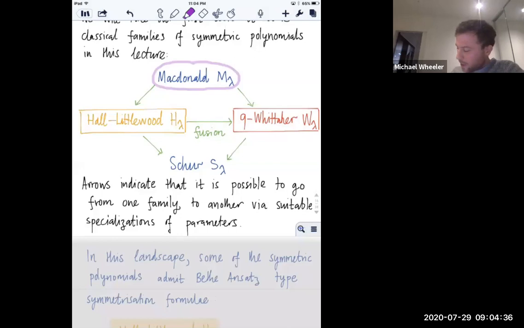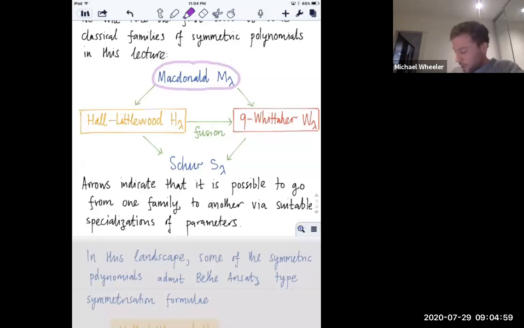I won't be talking about those today, but the McDonald polynomials depend on an alphabet of n variables in which they are symmetric, and they also have 2 additional parameters, usually denoted by q and t. Here we're not going to see the appearance of the t parameter.